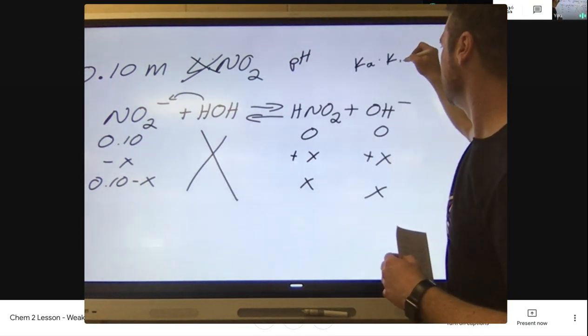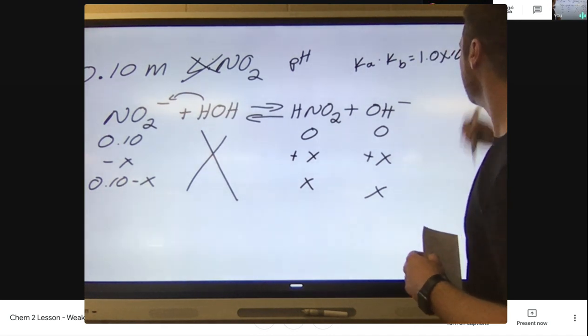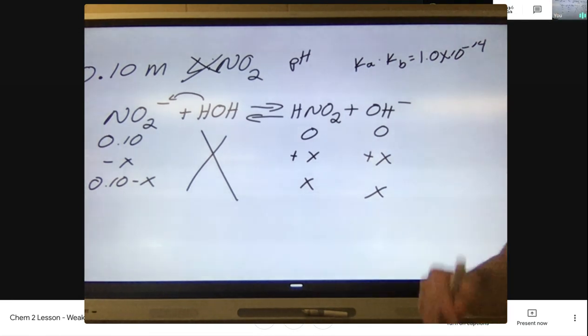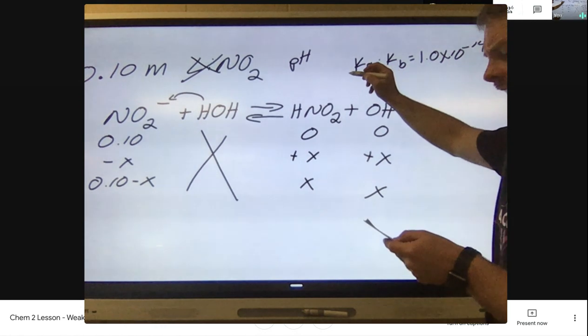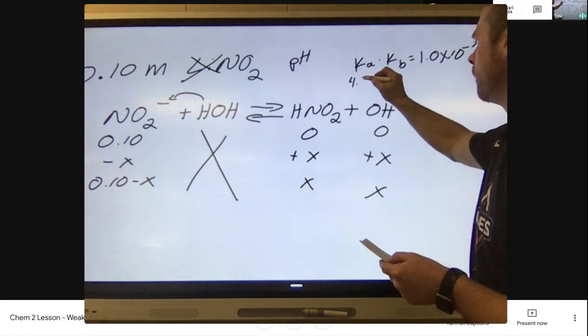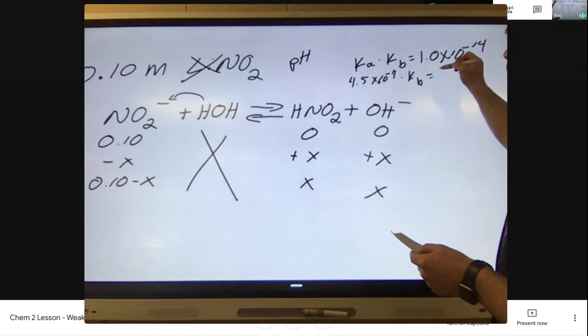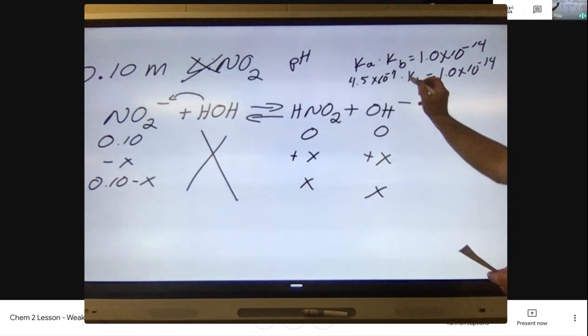What they're going to use is this idea: Ka times Kb is always equal to Kw. So what you have to do is figure out what the Kb is before you can proceed. So if the Ka is 4.5 times 10 to the negative fourth, we take Kw and divide it by that value.